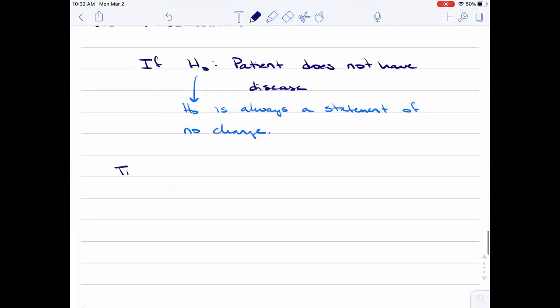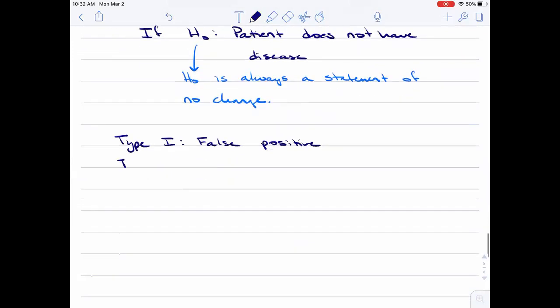So a type 1 is a false positive, and a type 2 is a false negative, if you want to think about them that way.